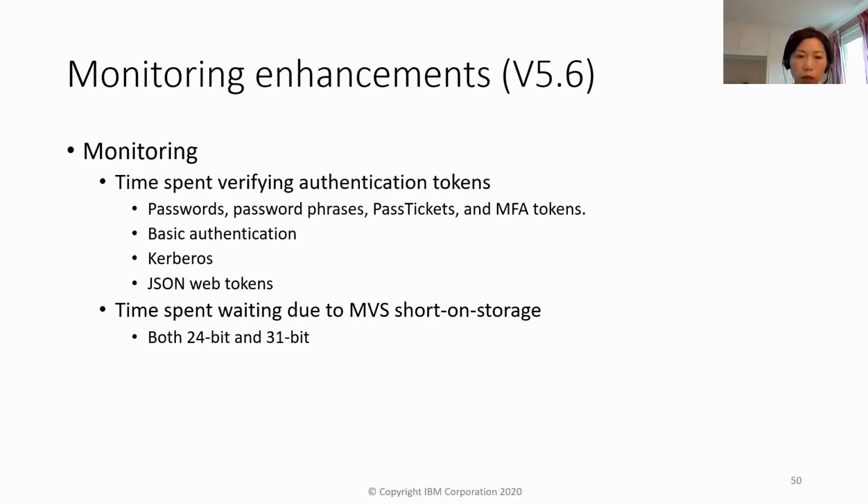The first are around all the password-type tokens, and also basic authentication, Kerberos, and JSON web tokens. The next chunk of monitoring improvement is that you can see how much time a task has waited because of MVS short-term storage shortage. There is one field for 24-bit and another for 31-bit.